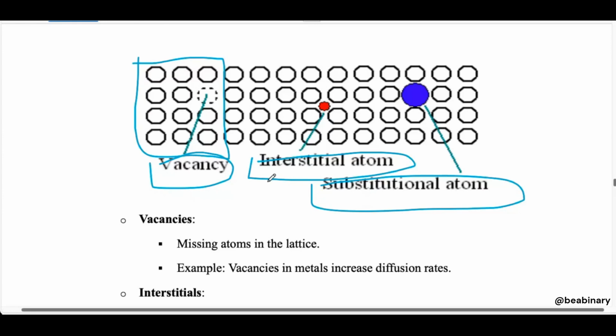Okay, so this is the vacancy. If we talk about interstitial atoms, all are perfectly arranged, but some other foreign elements have come here. They were all arranged in a good fashion, but foreign elements have come and sit here. You can say they have occupied this free space.